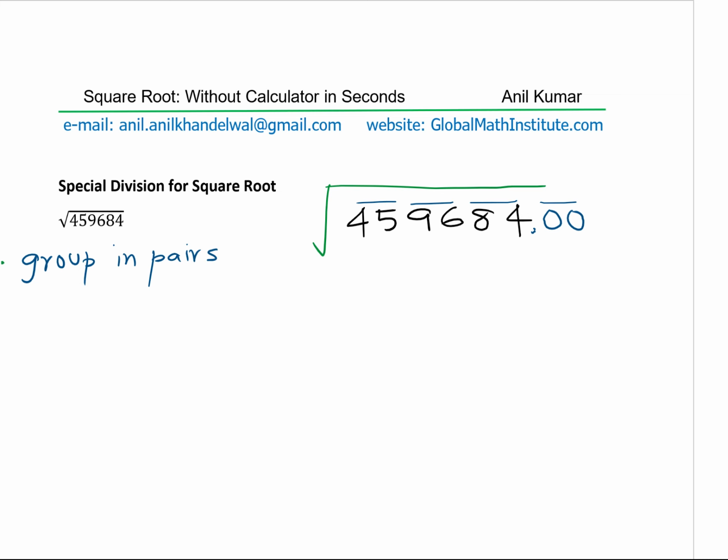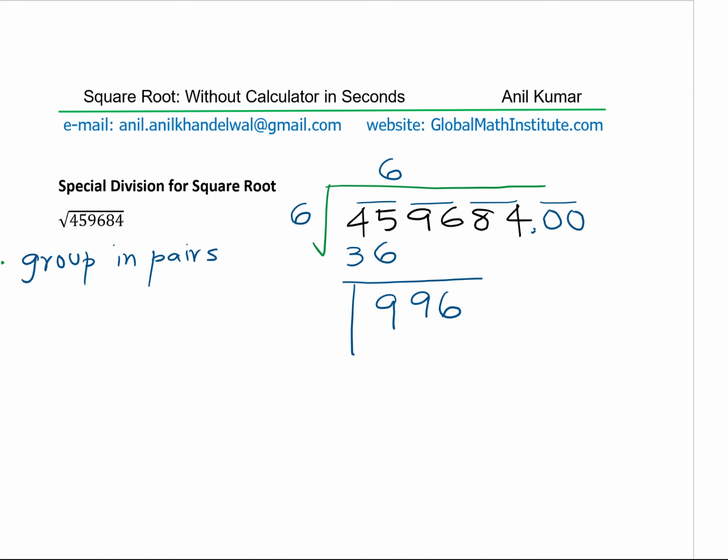So I could use the number 6. 6 times 6 is 36, so we could use 36 here. As in division, we will now subtract 36 from 45. So what do we get? We get the number 9 here. Now bring down the other two numbers, which are 9 and 6.